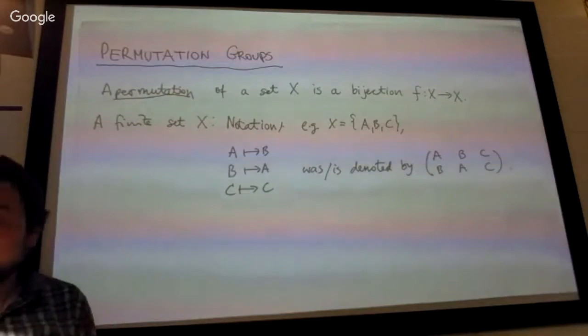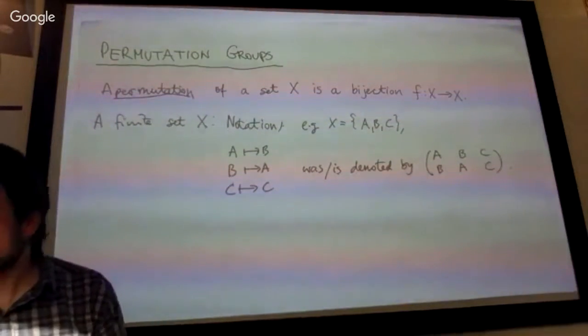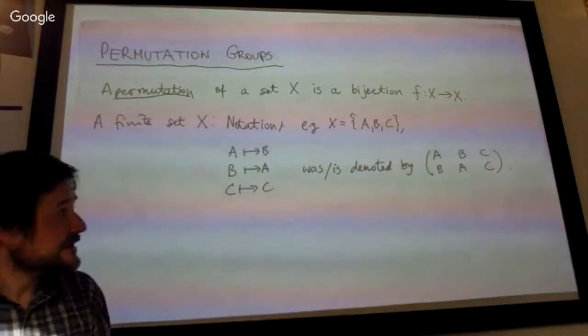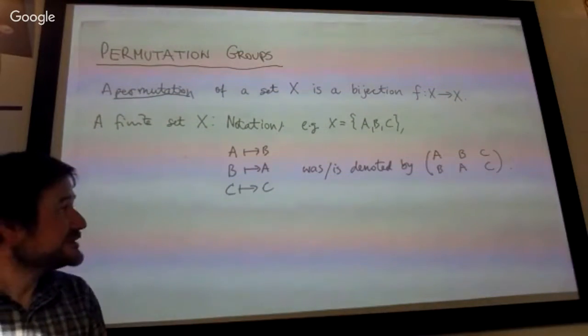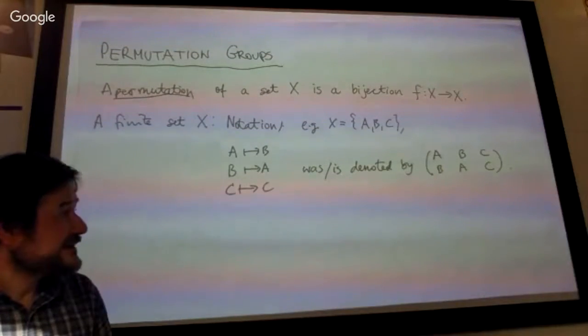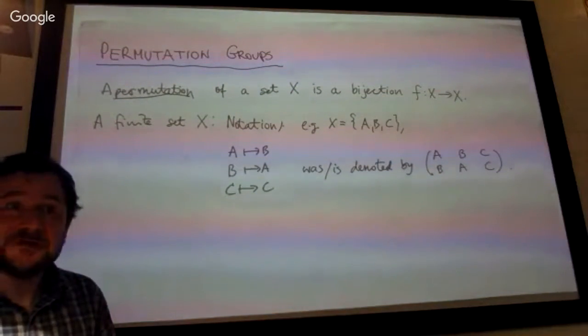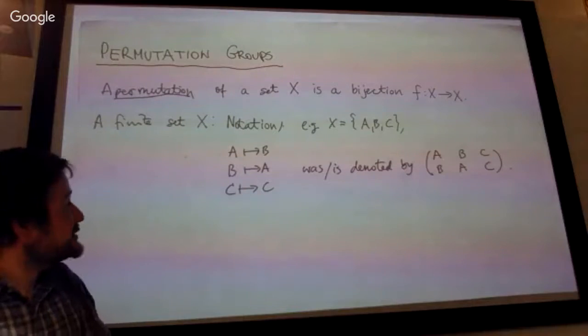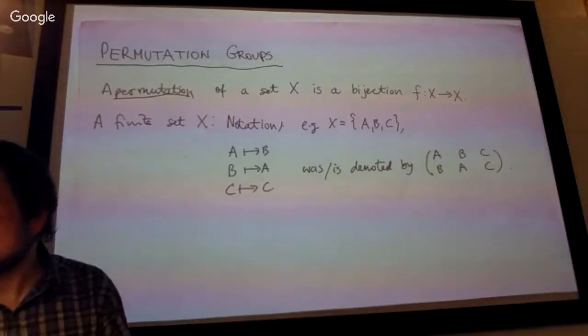Yeah. Okay. So this is a notation which we'll be using a little bit, but it's slightly superfluous if you write too much in some sense. So we'll introduce a different one in a bit.